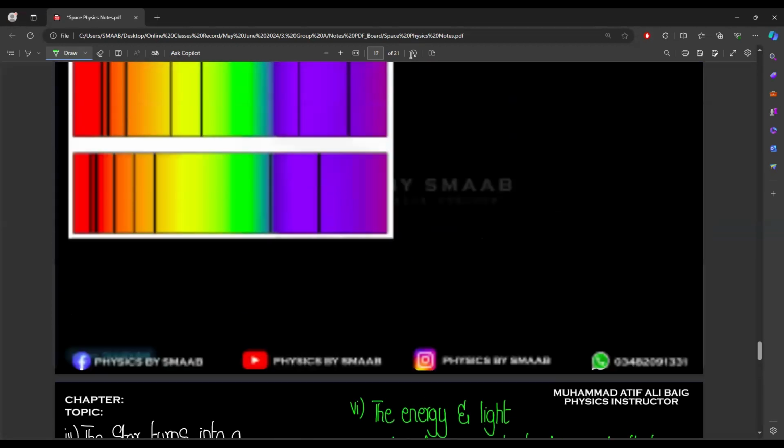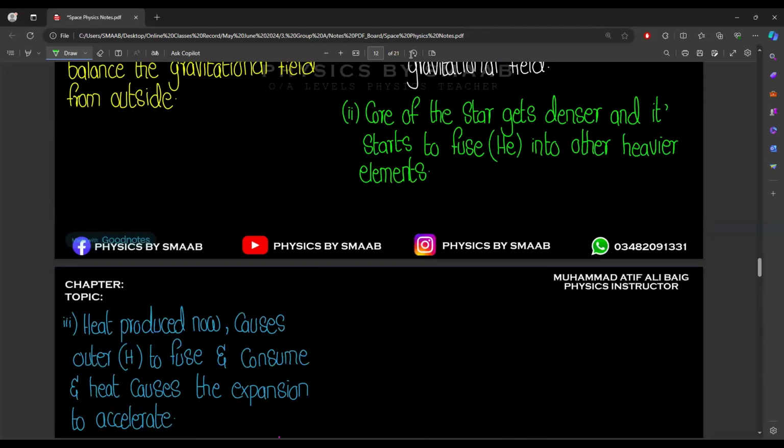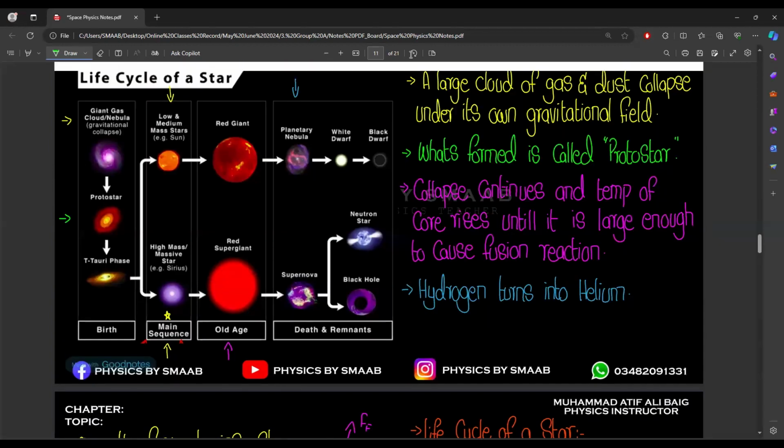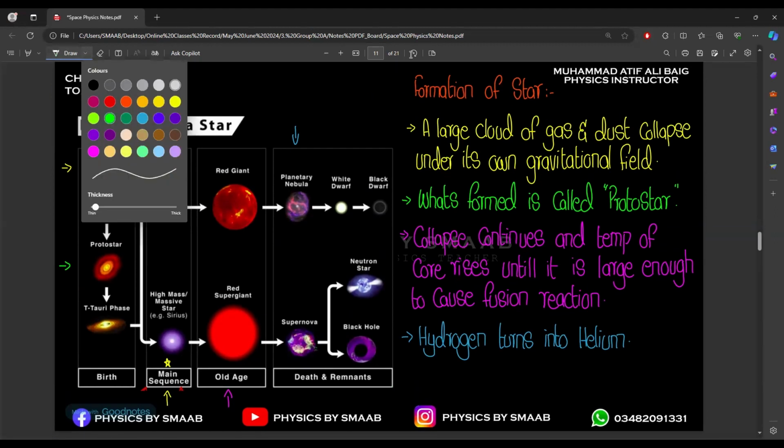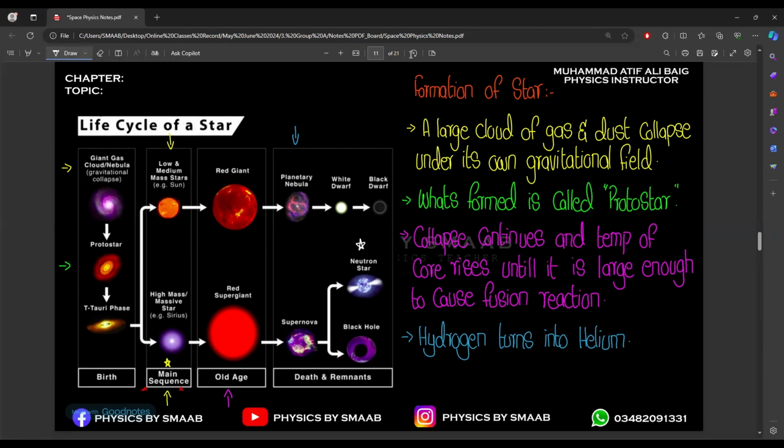And how is this neutron star formed? We have two different names over here, either neutron star or black hole. So basically, let's suppose the mass of the red supergiant is small, so when the red supergiant is small, it converts into the neutron star.